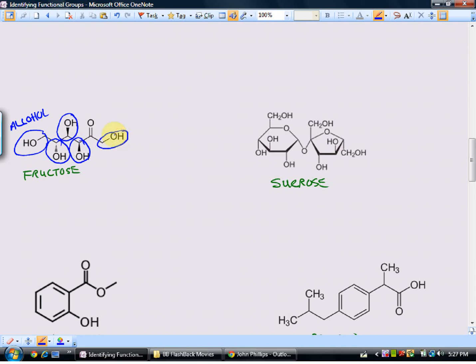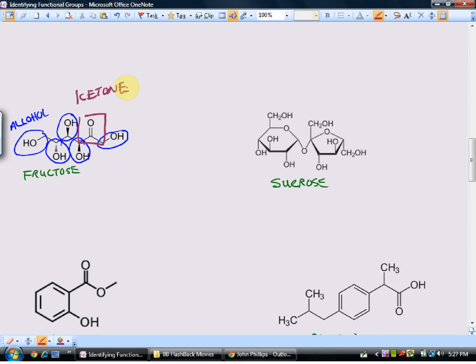What else do we have? Notice we have a carbon-oxygen double bond, and connected to that carbon-oxygen double bond is a carbon on this side and a carbon on this side. So what we have here is a ketone.